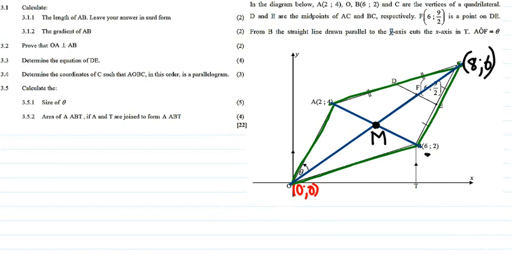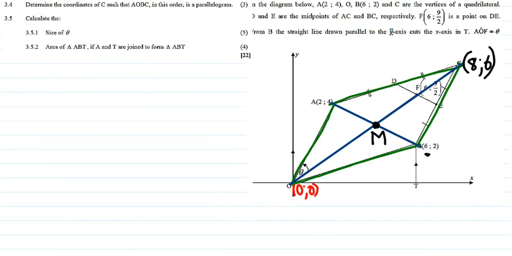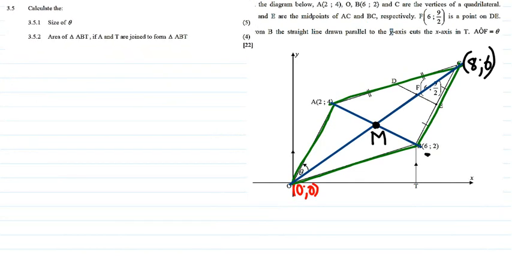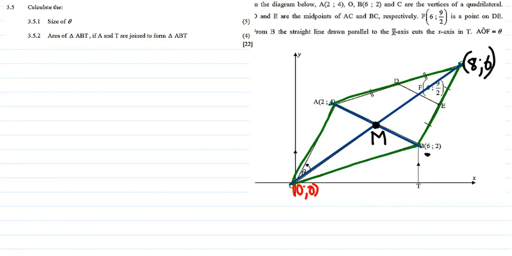Okay, the size of what? Theta. Now, here's something important that I need you to remember. Theta happens to be an angle between 2 lines. The 2 lines are the lines OC and the line what? OA. Right?